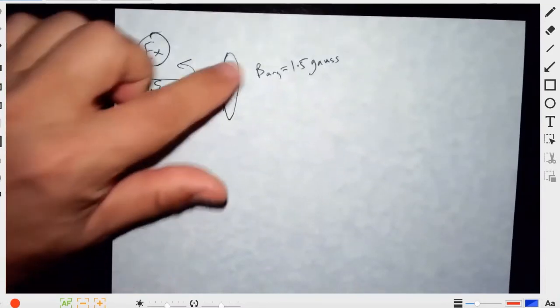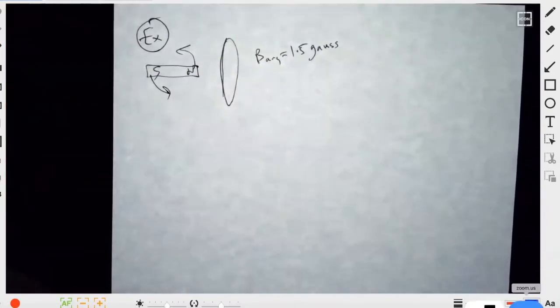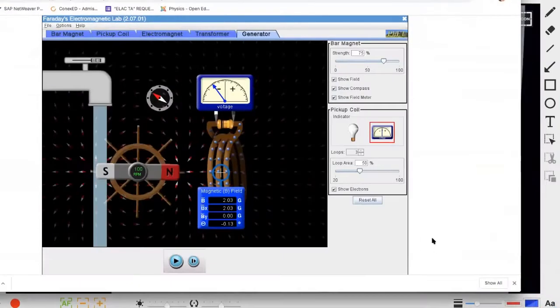So how do we calculate the EMF induced in this case? So I need the radius of the coil. Radius of the coil is going to be about 2.5 centimeters again. 2.5 centimeters.